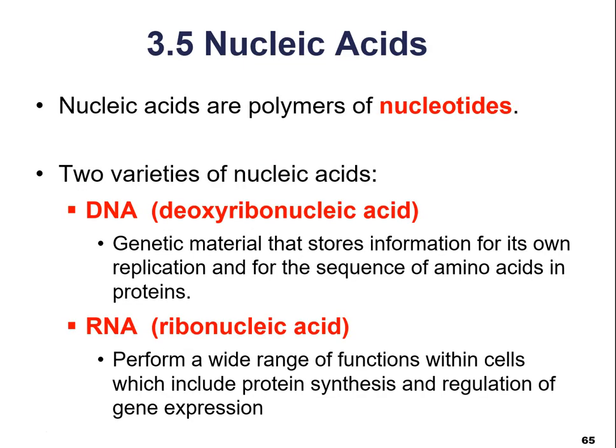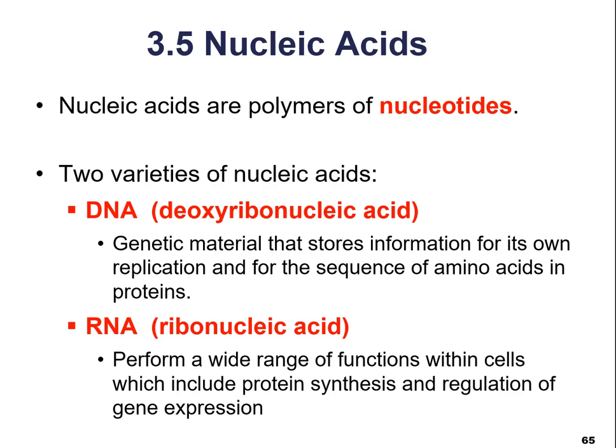All right, last class of biomolecules to talk about are nucleic acids, and we're just about done. Nucleic acids are polymers of nucleotides, so nucleotides make up nucleic acids. The two types of nucleic acids that we talk about in biology are DNA, deoxyribonucleic acid, and RNA, ribonucleic acid.